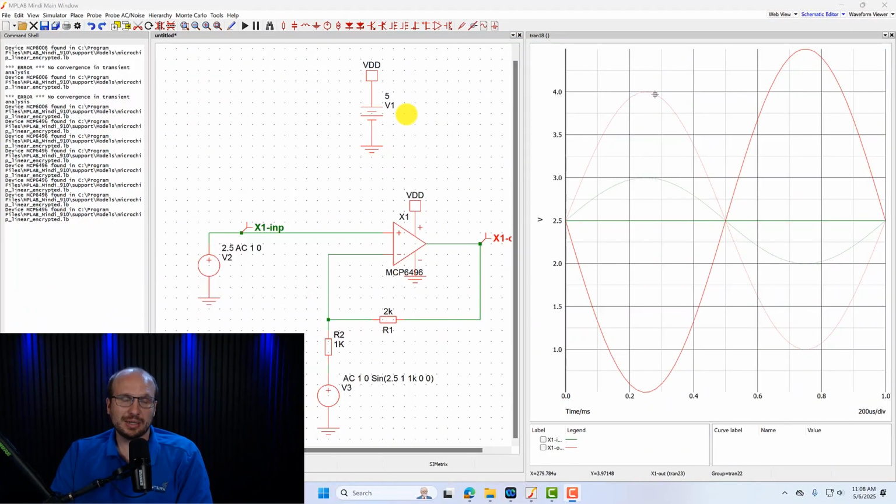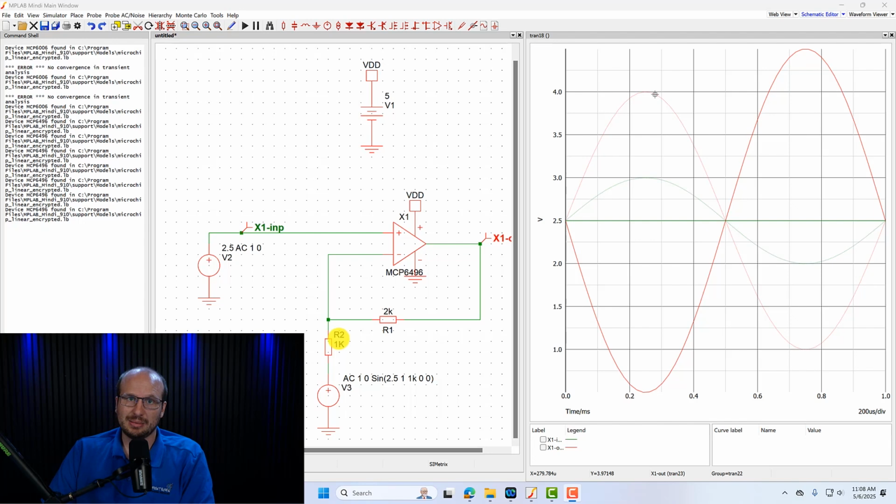So when should you use the non-inverting amplifier versus the inverting amplifier? How do you choose which one to use? One thing you need to think about is the input impedance of your amplifier. The input impedance of the non-inverting amplifier is massive, right? It's the input impedance of your op amp, basically. But the input impedance of the inverting amplifier is R2, so much smaller usually, but also adjustable.